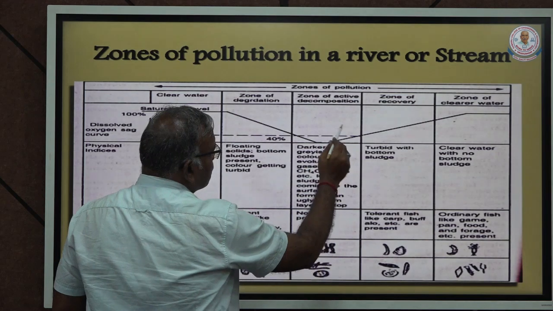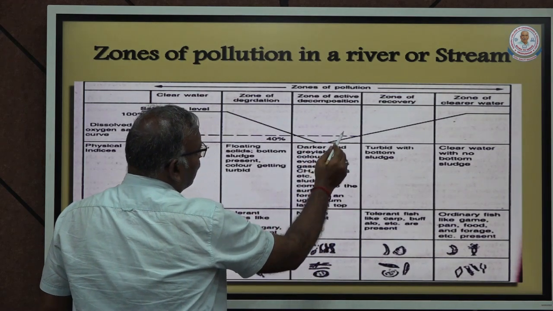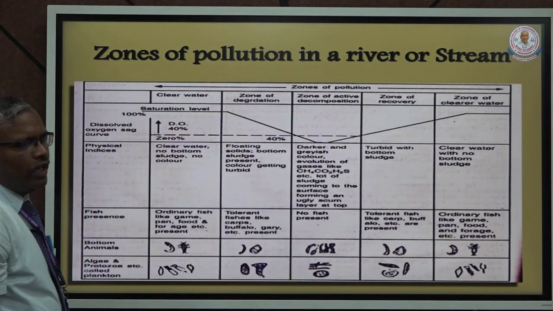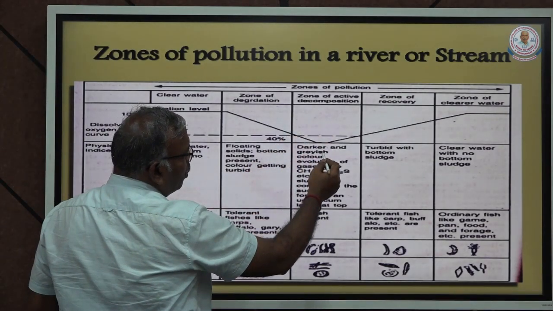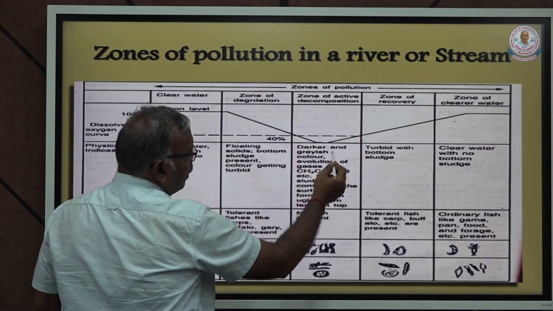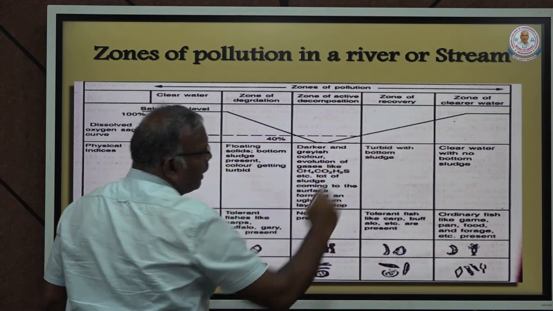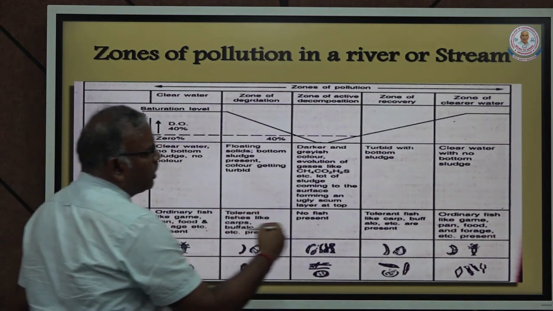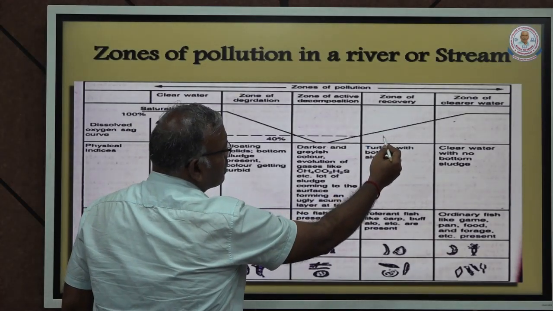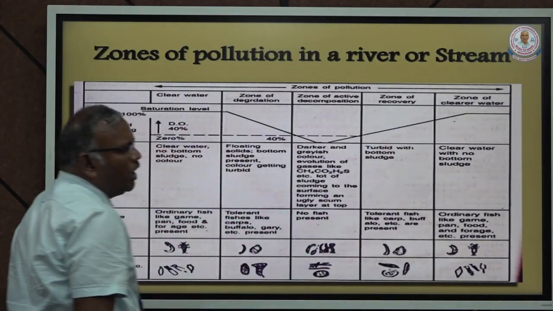Next, after this region, active decomposition will be taking place, so the oxygen level will keep on decreasing up to this particular level, then it will keep on increasing. It is a place where recovery, that is re-oxygenation, will be taking place, and the water will be purified again.